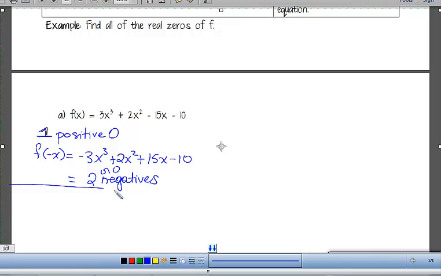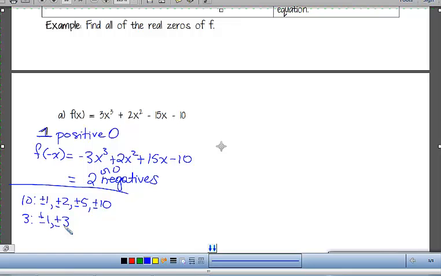We're going to look at 10, which has factors of plus minus 1, plus minus 2, plus minus 5, plus minus 10, and then 3 with factors of plus minus 1, plus minus 3.